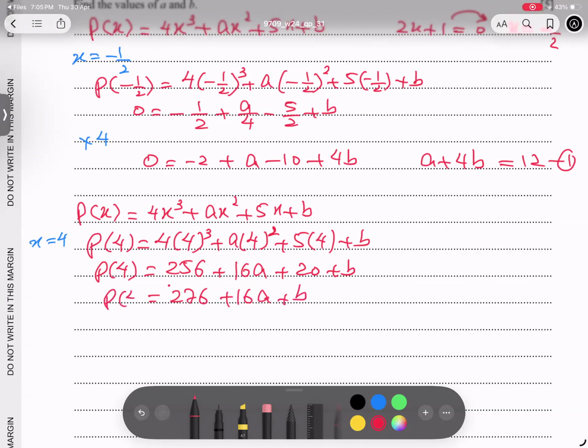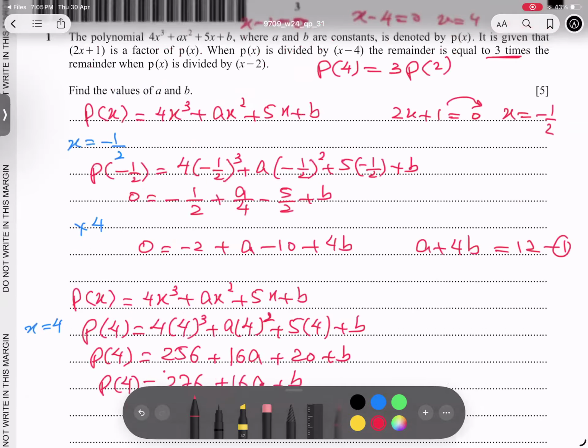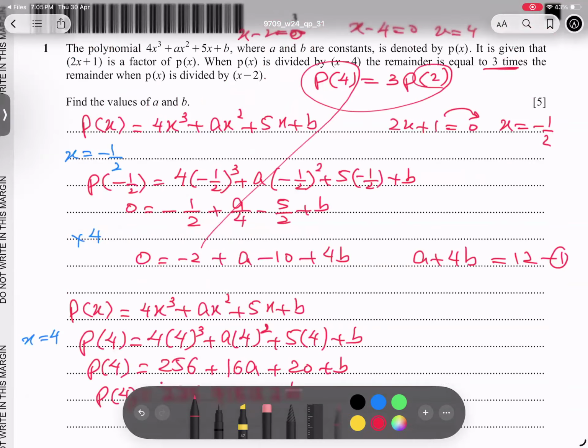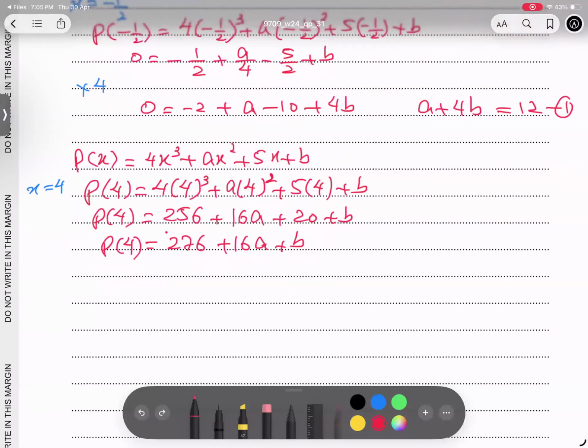I'm leaving it here. Now, students, first I plugged in 4 and now plug in 2 in the whole equation. So once again, I need the equation. All right, here. And this time I'm putting every x by 2.